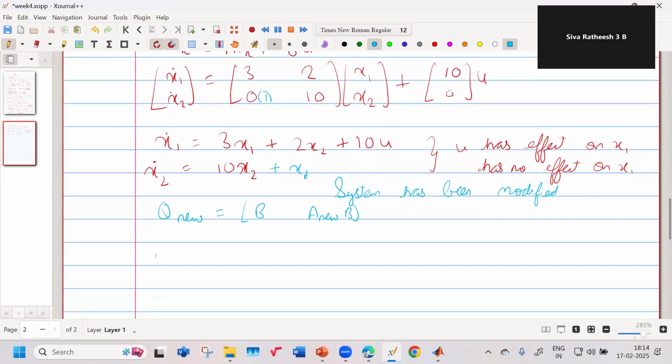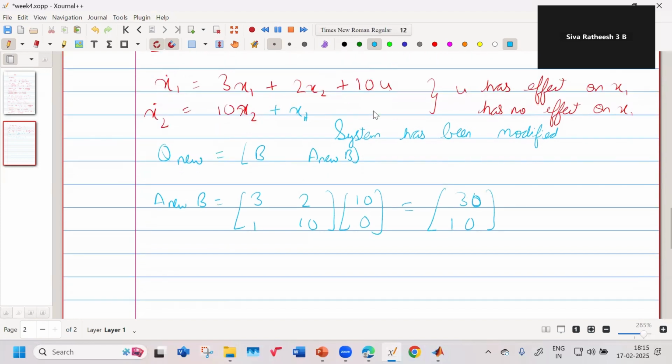So what is A new into B? It is 3, 2, 1, 10 into 10 and 0. That would be 30 and 10.